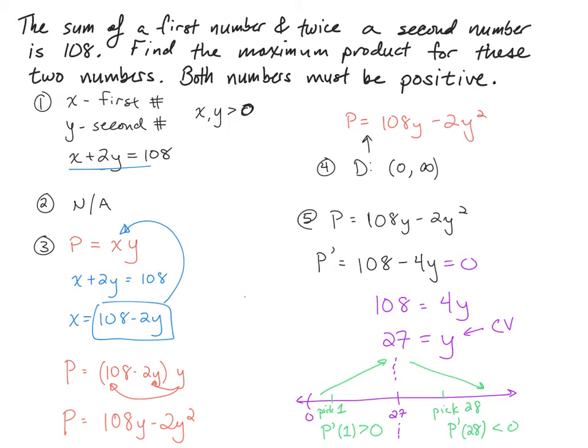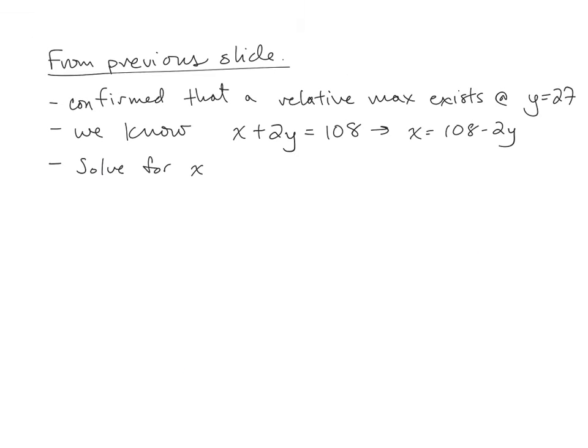So what would the x value have to be? From the previous slide, we confirmed that a relative max exists at y equals 27. We know that this equation is true, but it would make more sense for us to view this equation in the form where we solved for x, because that allows us to just substitute 27 in for y and solve for x.